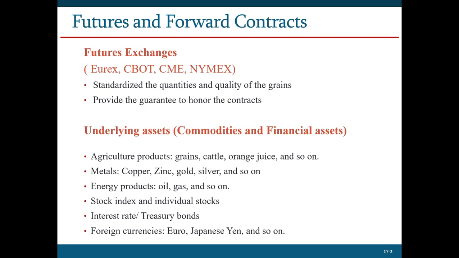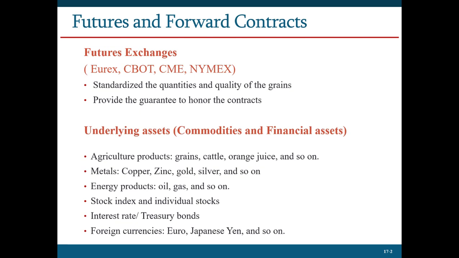We also have financial assets related to futures contracts. For example, stock indexes, individual stocks, and those equity products can be underlying assets of futures contracts. We also have bonds, especially Treasury bonds, and the futures contract that makes Treasury bonds the underlying asset is also called interest rate futures.